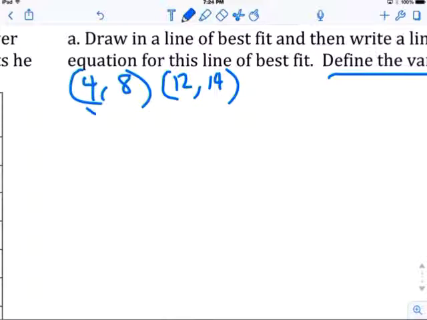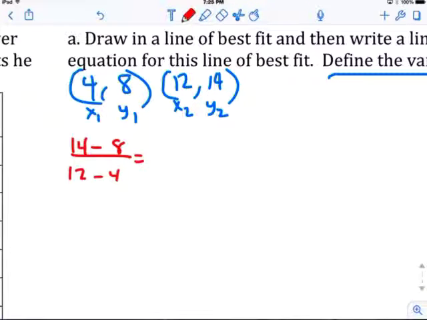Okay, x sub 1, y sub 1, x sub 2, y sub 2. So you get 14 minus 8 over 12 minus 4. That's 6 over 8, right? Yeah. You get 3 over 4. That's your rate of change.